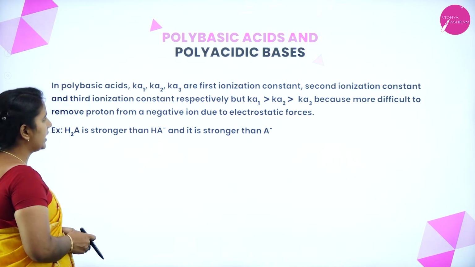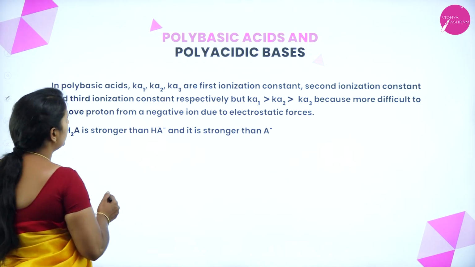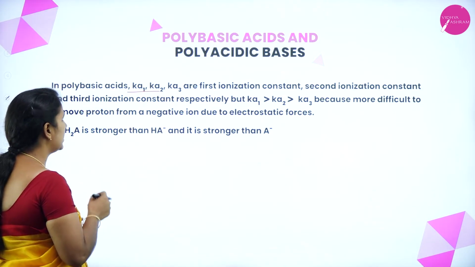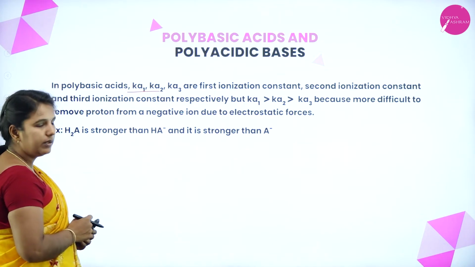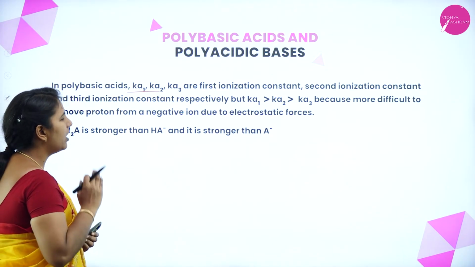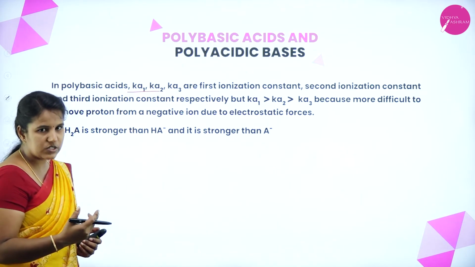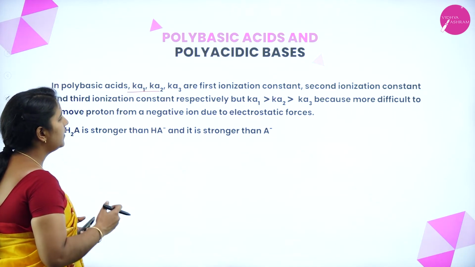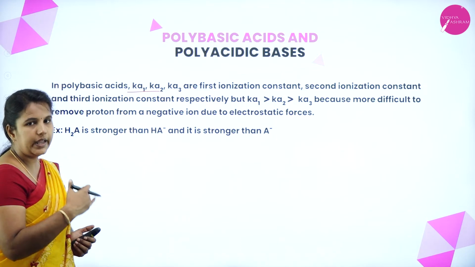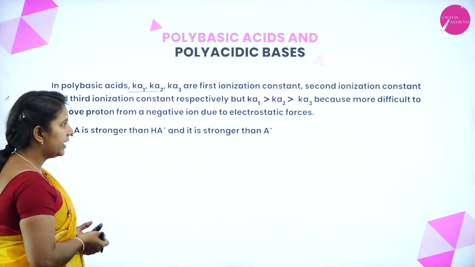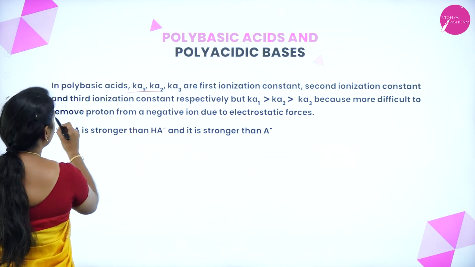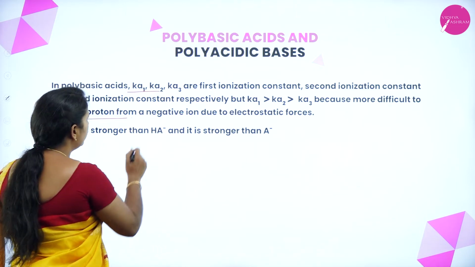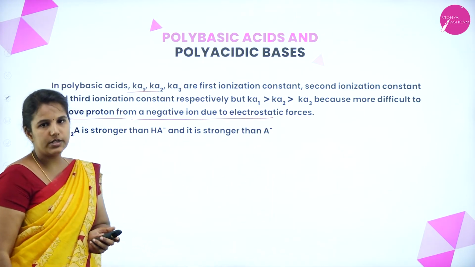In polybasic acids, the dissociation constant values, that is Ka1, Ka2 and Ka3, are the first, second and third dissociation constants respectively. But Ka1 will be greater than Ka2, and similarly Ka2 is greater than Ka3. This indicates that it is more difficult to remove a proton from a negative ion due to electrostatic forces.